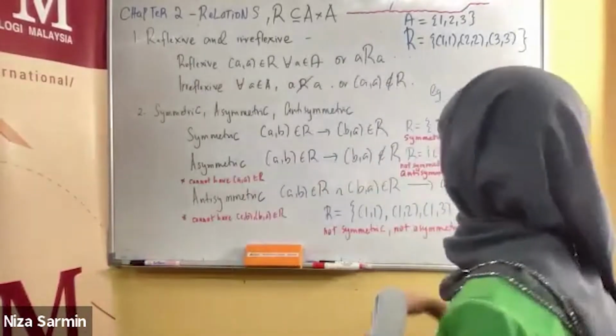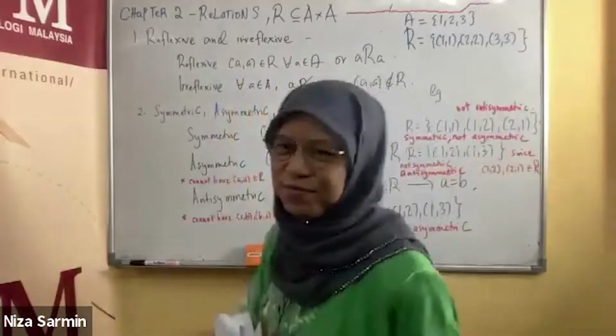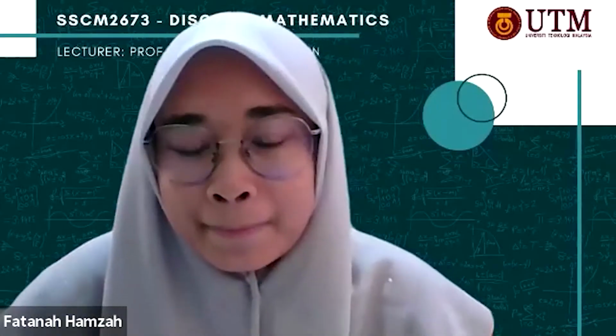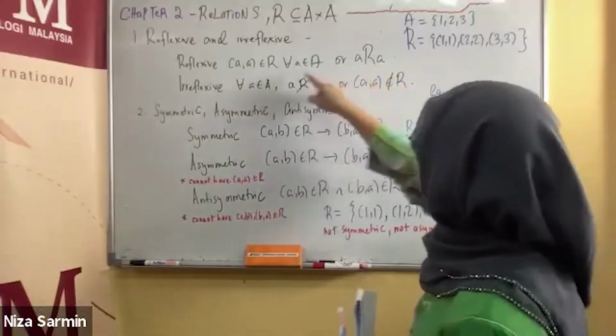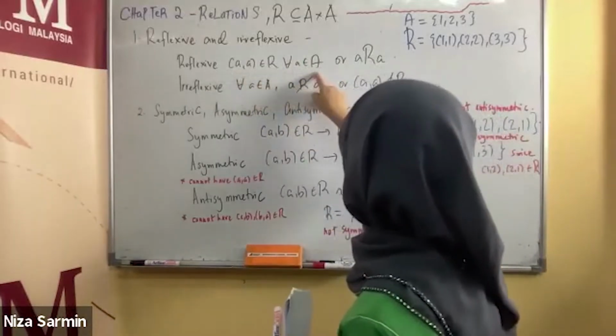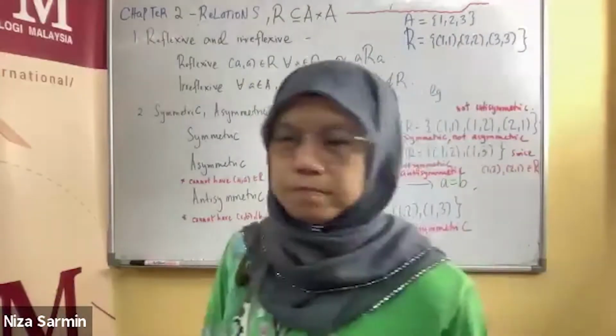Fatana, this one, easy question. Is it reflexive? Yes, Prof. Because (a,a) is in R for all a in A. Just copy this, right? (1,1), (2,2), (3,3). Okay.